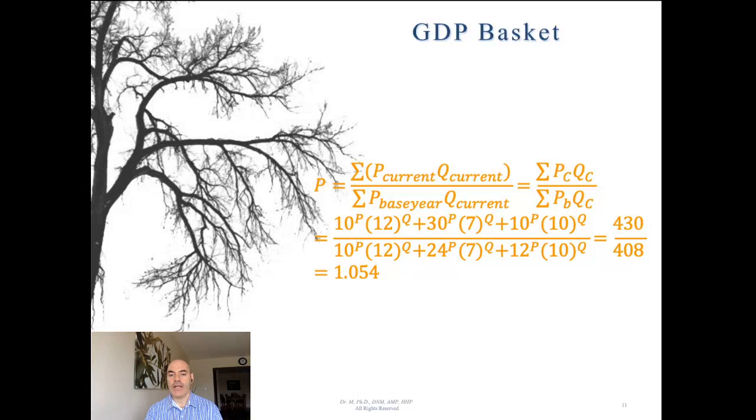Then I'll just take the numbers straight from the table that is in front of you, and we calculate that to be 1.054.